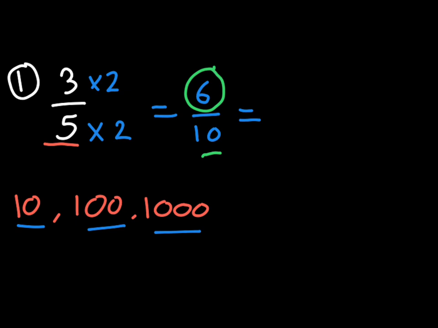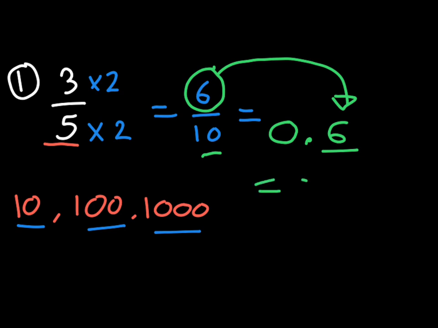So if we have one decimal place, we take this number and put it over there in our decimal place, which is currently empty. So we put a 6 in there, we've used up all of our decimal spaces, and we can put a 0 on the other side of the decimal because we have no whole numbers. Therefore, our final answer is 0.6.